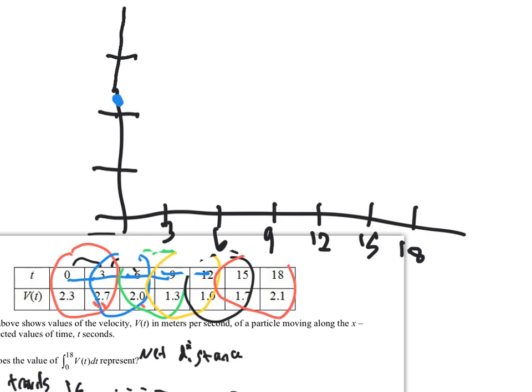There's my 3 if I needed it. 3 goes up to 2.7. So that will be about here.